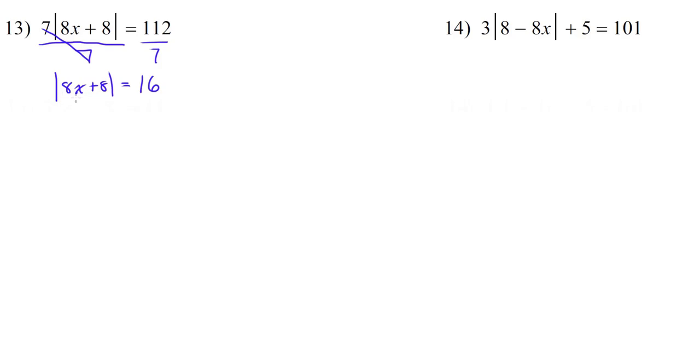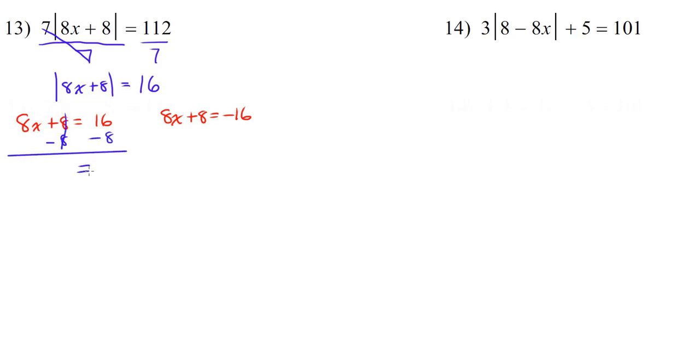Remember, the absolute value of 8x plus 8 equals 16, and there are two numbers that have an absolute value of 16. Positive 16 and negative 16, so we're going to use that to write our two separate equations. One will be 8x plus 8 equals positive 16, and the other one will be 8x plus 8 equals negative 16. To solve the first one, we're going to subtract 8 from both sides.